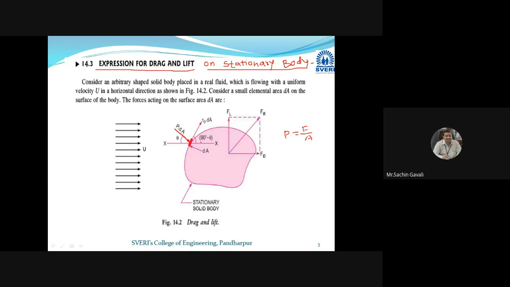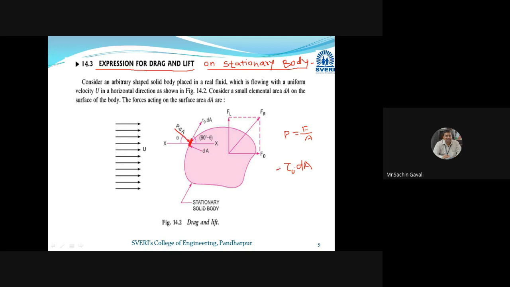That component of shear force we denote by the letter tau naught. Tau naught is the shear intensity, not force, exerted on that particular object, and as it is an intensity, it should be multiplied by area so that we get the shear force.